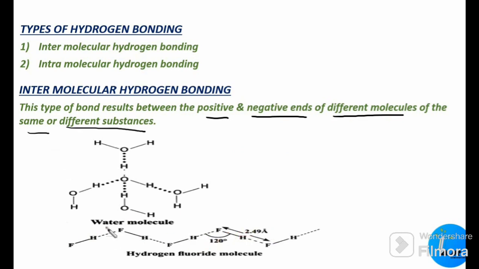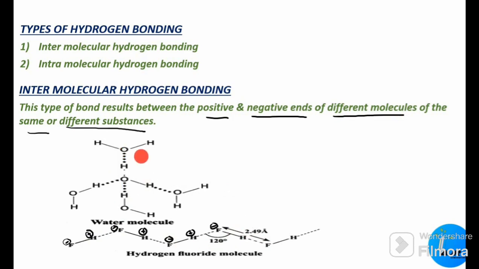So now we are seeing the intermolecular hydrogen bonding formed between different molecules of the same substance. See here, this is negative and this is positive, and this is negative, positive. So in this intermolecular hydrogen bonding, the positive and the negative ends of different molecules of the same substance are seen.